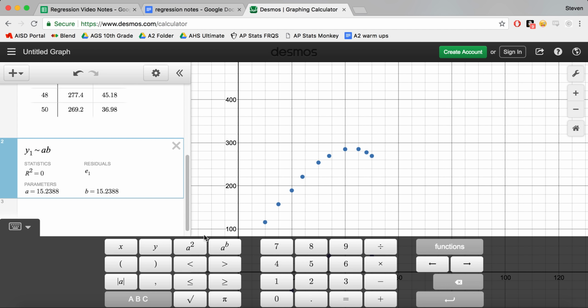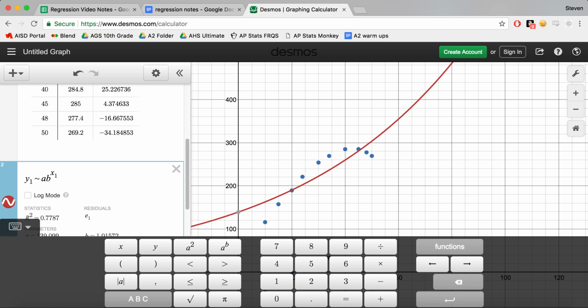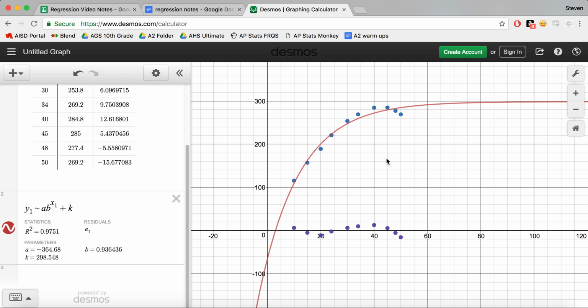To get the exponent, you press this a to the b button, and that makes an exponent. And then you can press x1. And here our exponential function isn't very good. Oh, we can add a plus a constant. That makes it quite a bit better. But the quadratic was still obviously the best fit.